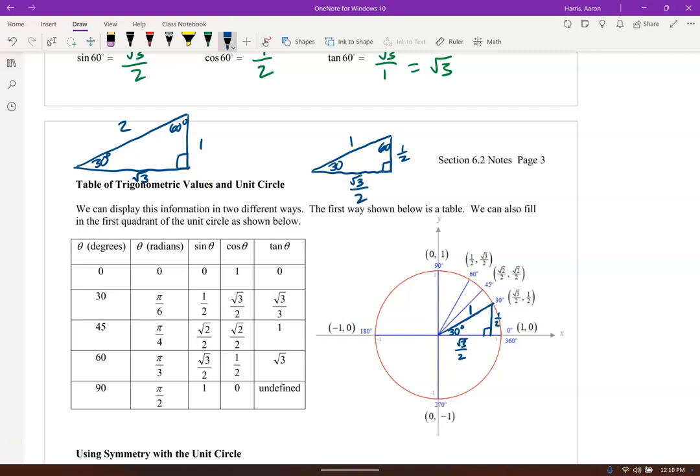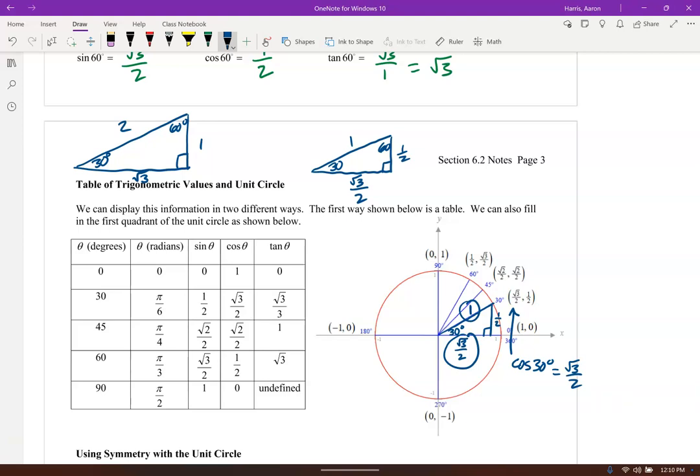Now, if you notice, the cosine at 30 degrees, which is the x value right there, is adjacent over hypotenuse. So the cosine of 30 degrees, see how it's adjacent over hypotenuse? Root 3 over 2.